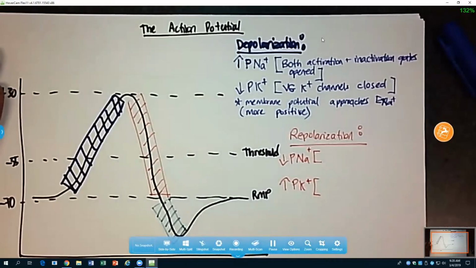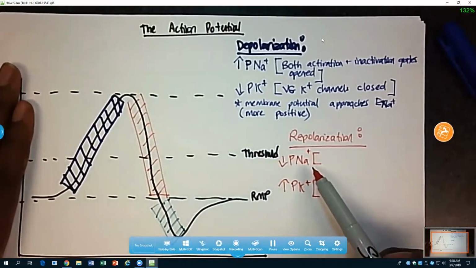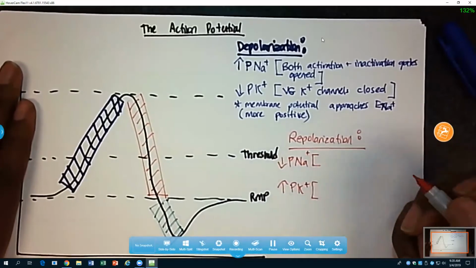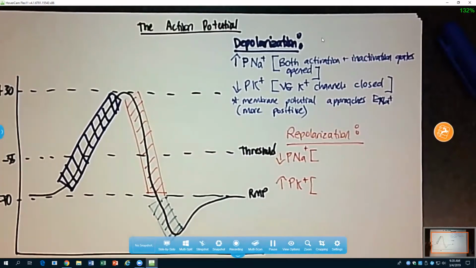Now during repolarization, which of the gates are closed? It's not the activation gate, it's the inactivation gate. Remember, if the inactivation gate is closed, there can be no ion movement.